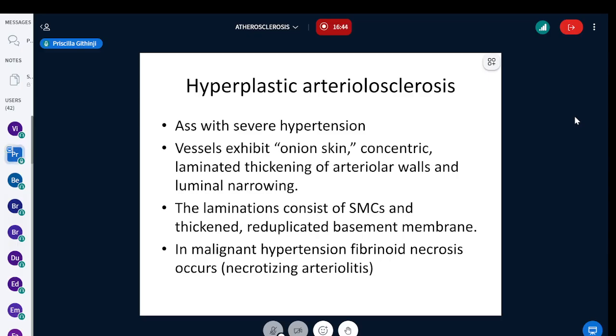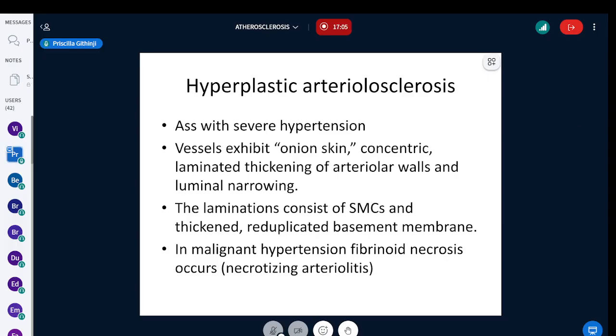The other type of arteriolosclerosis is hyperplastic arteriolosclerosis, and this is associated with severe hypertension. You'll have a lecture on hypertension and hypertensive heart disease, and you're going to learn about the different types of hypertension.